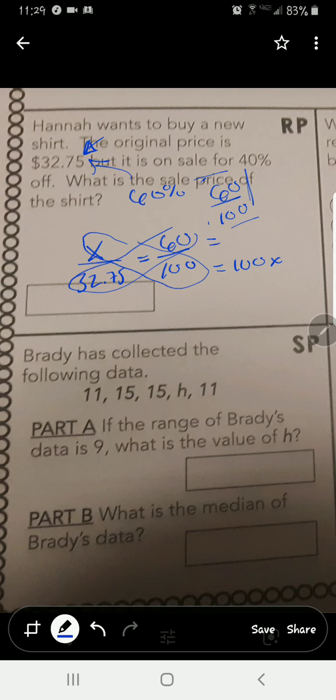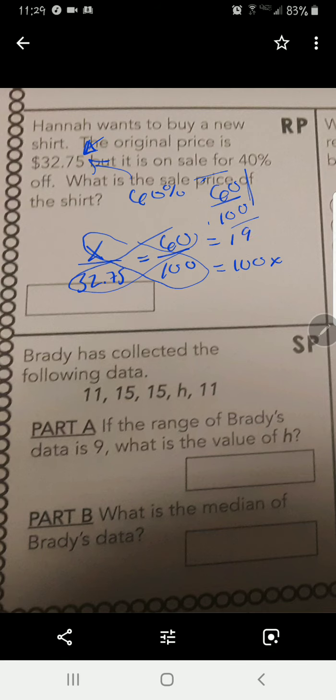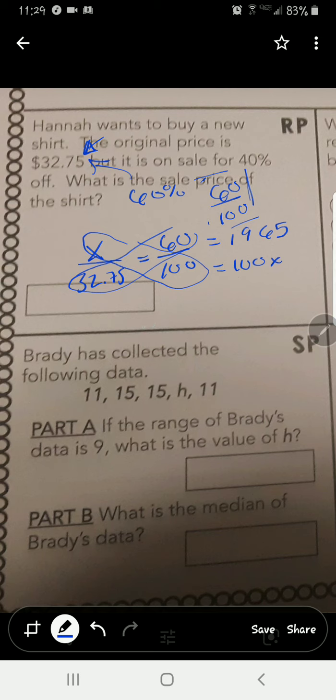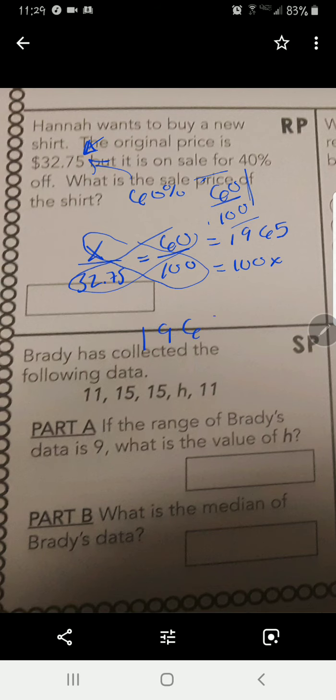100x and 32.75 times 60, which is 1,965. And we'll set those equal to each other.